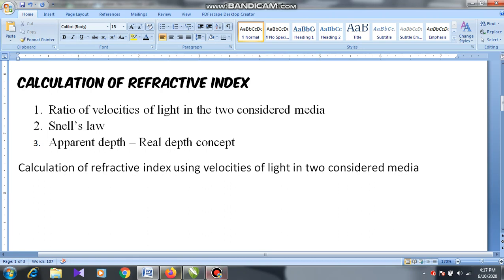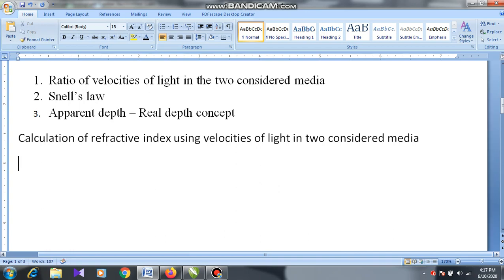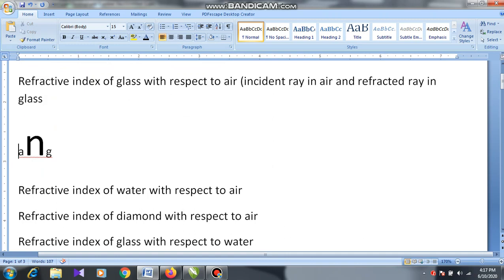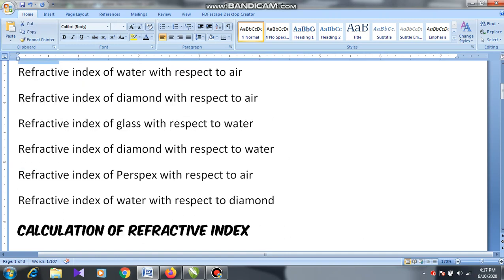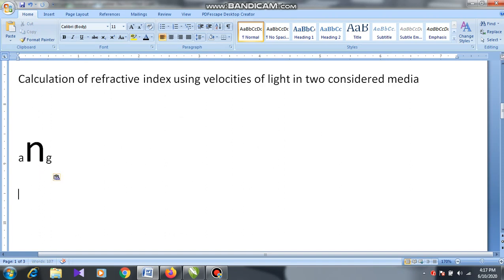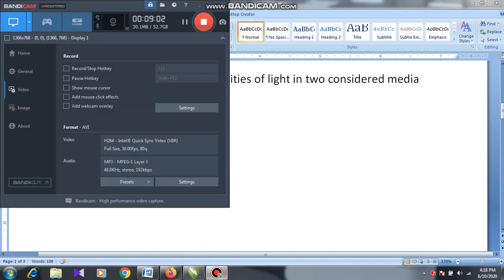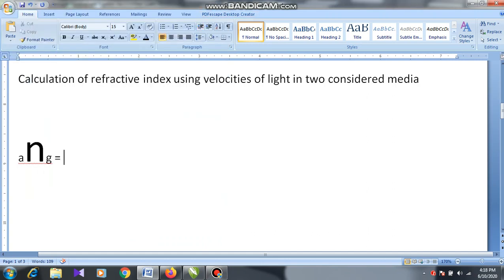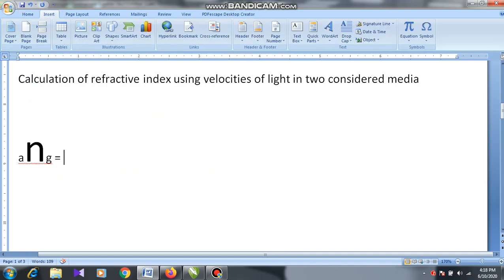In that case, if you want to work out ANG, that is refractive index of glass with respect to air, you have to write a ratio.